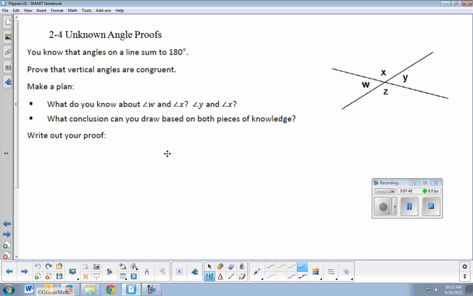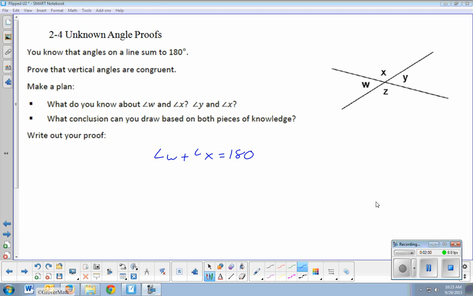So what do we know? The first thing is we know that angle W plus angle X equals 180. And it's not enough to just write that. I need to write why that is the case. So just to the right of that, I'm going to simply say that two angles that form a linear pair are supplementary.